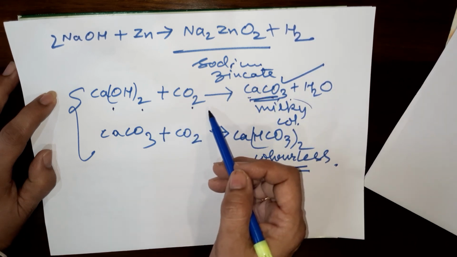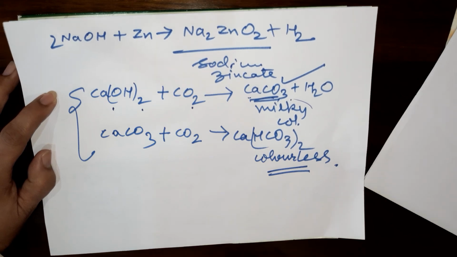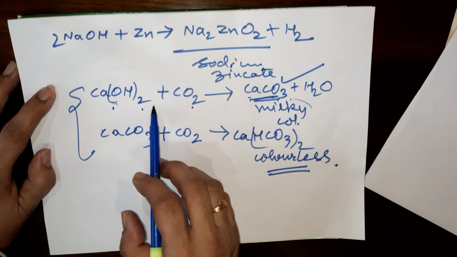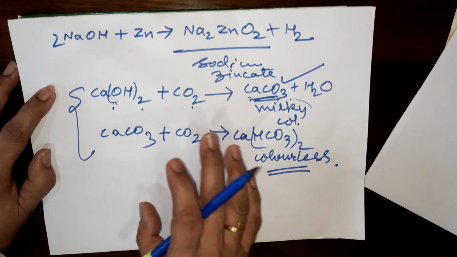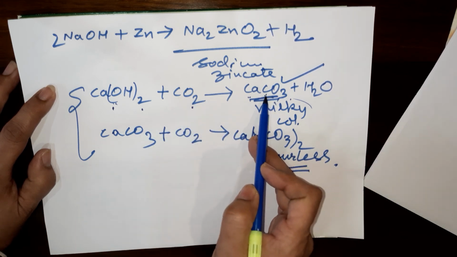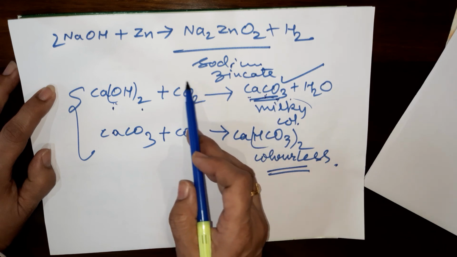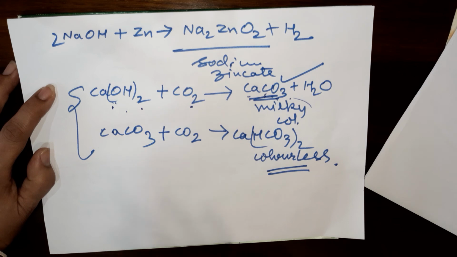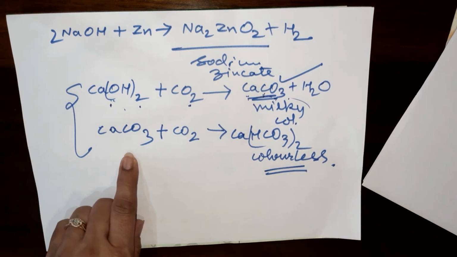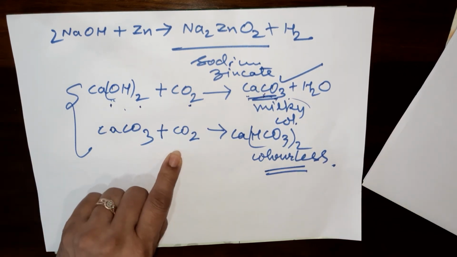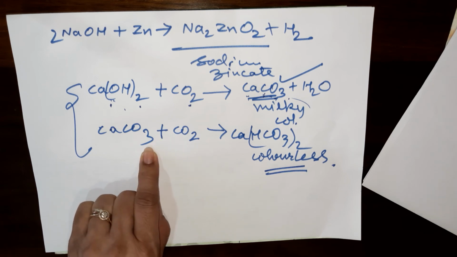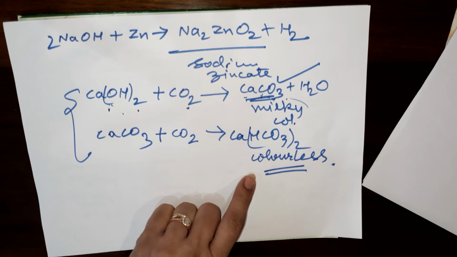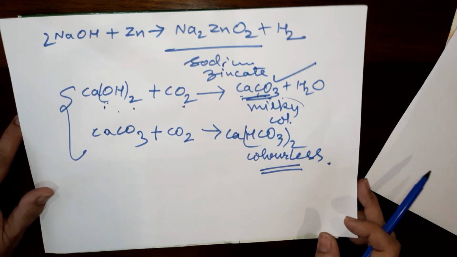That is why, when whitewashing is done, lime water is put on the walls and after some time it becomes white, because atmospheric carbon dioxide reacts with it and forms calcium carbonate. If excess carbon dioxide is passed, it forms calcium bicarbonate and becomes colorless.